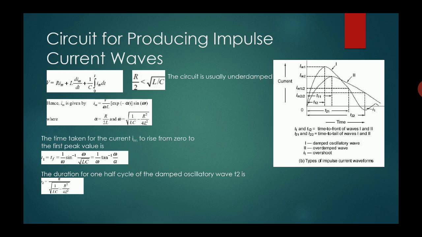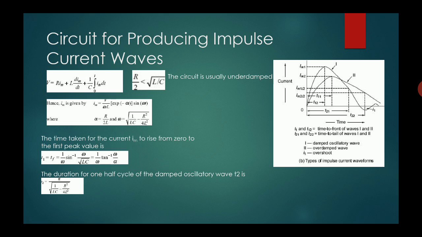Since the circuit is basically underdamped, R by 2 must be less than root over L by C. Please remember this. How this circuit is analyzed is similar to the other RLC circuits. You write the circuit equation and you write the Laplace transform of it.